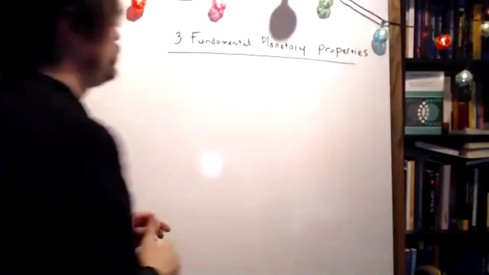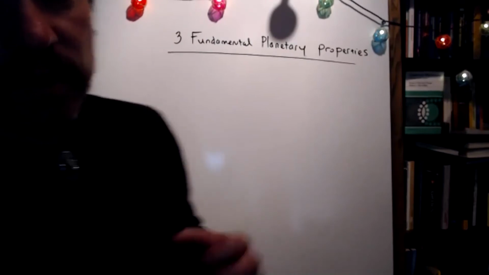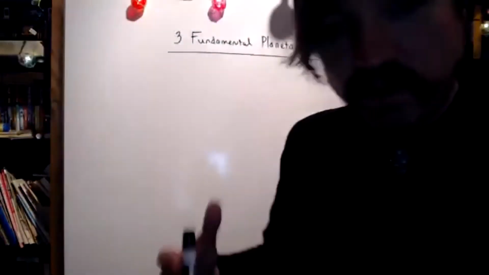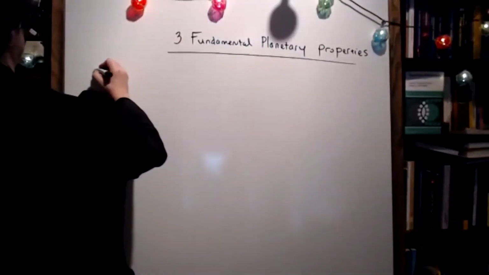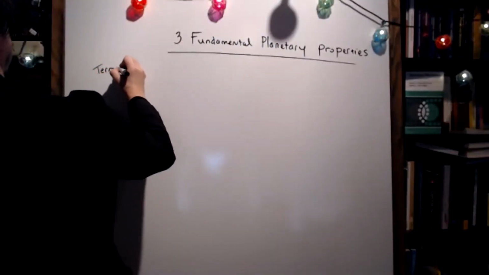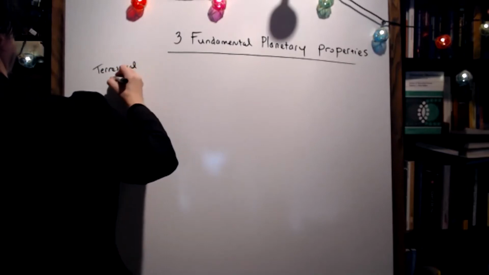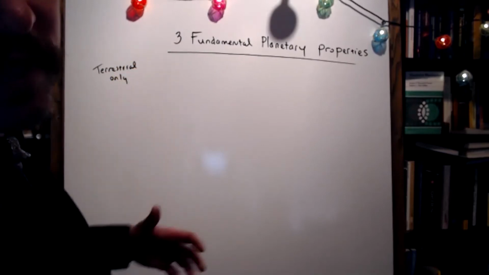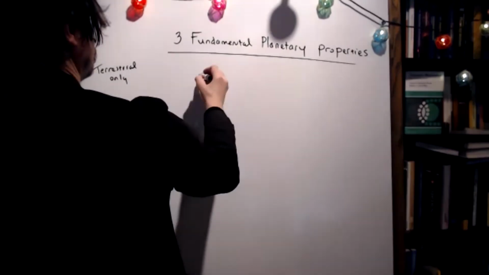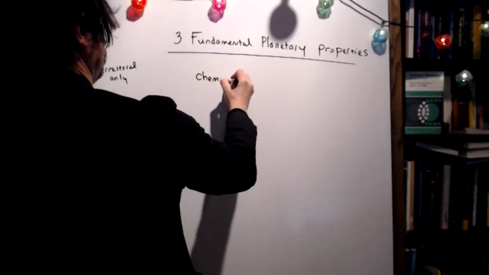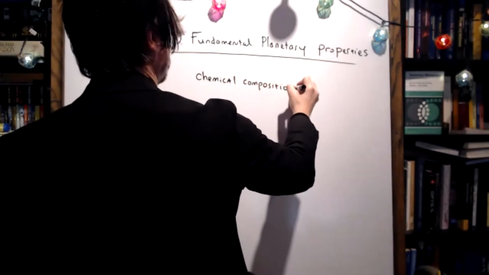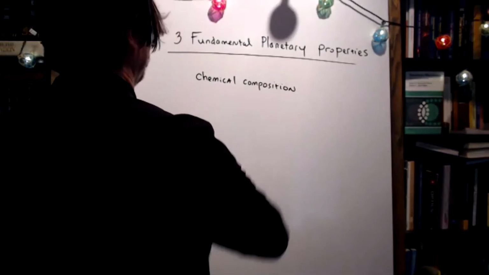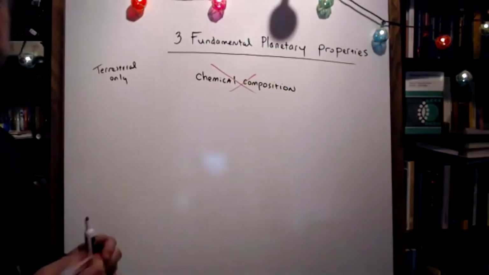Now, the first thing I want to mention before I talk about the 3 fundamental planetary properties is we're just analyzing planets within our own solar system. And if we analyze terrestrials only for a second, then one of the things that you would think was the most basic, which is chemical composition, is not one of the 3 fundamental planetary properties.